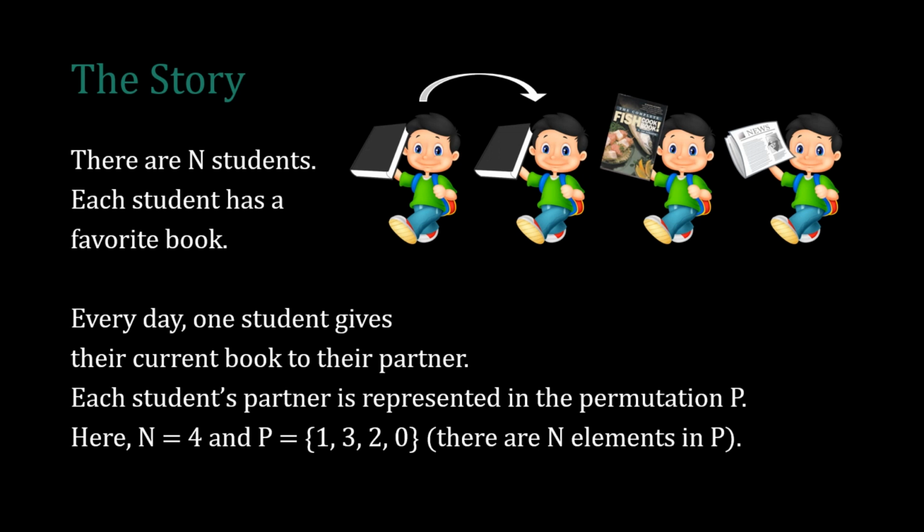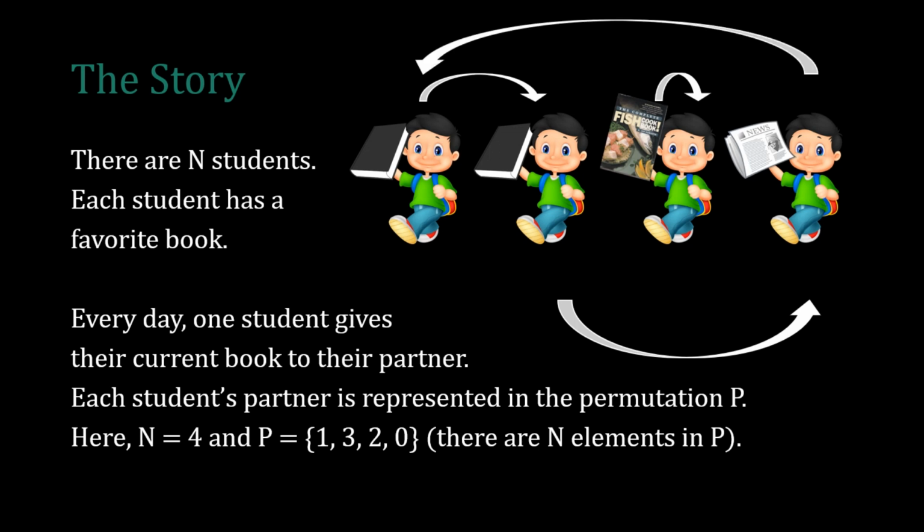The second element is 3, which means that he gives his book to number 3. And the third element is 2, which means that he gives the book to himself. And the last one is 0, which means that the books go back to number 0.